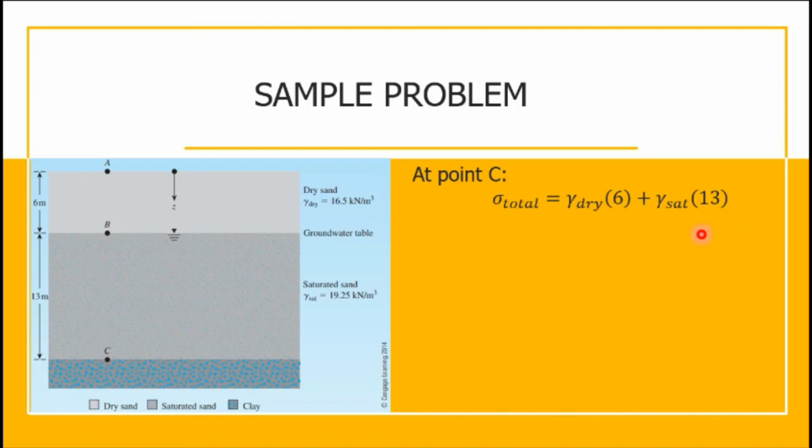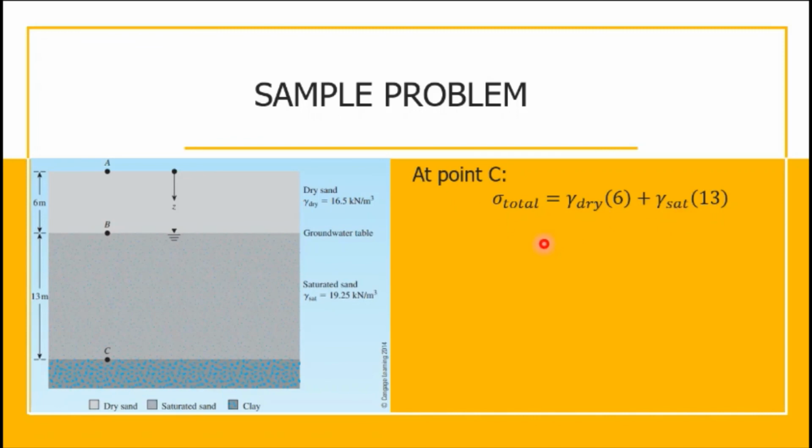Again, why is it dry unit weight for the top layer? It's given already in the problem that it is dry sand. Also, why is it saturated unit weight for the lower layer? Because it is under the groundwater table. Automatically, it will be fully saturated. That's why the unit weight is saturated.